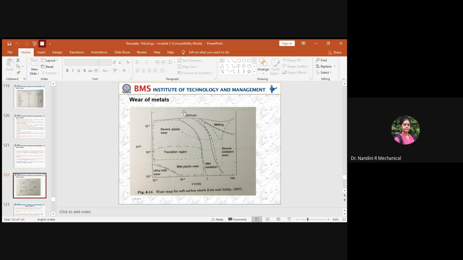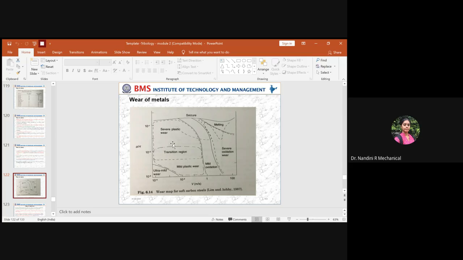Above all these regimes, above the pressure of 10 to the power of -1, if you have any kind of high pressure, then it results in sudden damage where it will be a total scrap, and that is due to seizure. So this wear concept we analyzed for soft carbon steels. This kind of wear map could be analyzed for any kind of mating component you are using.